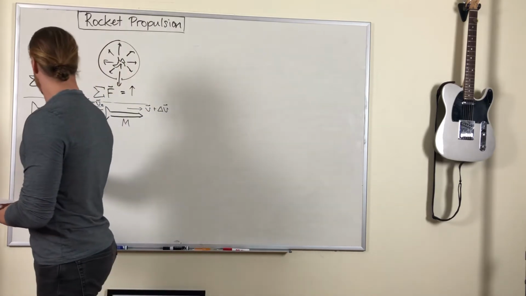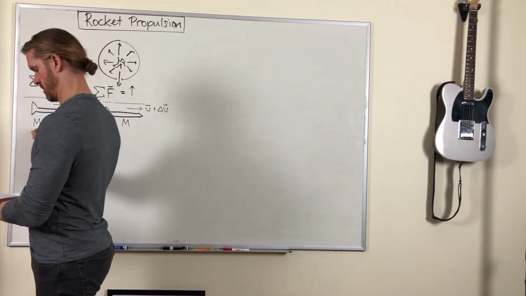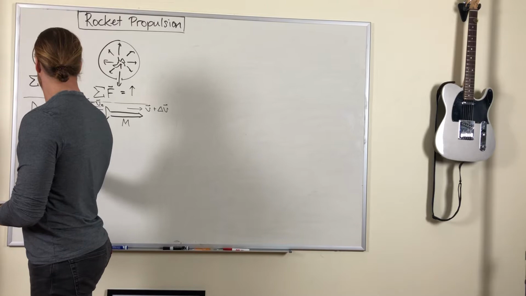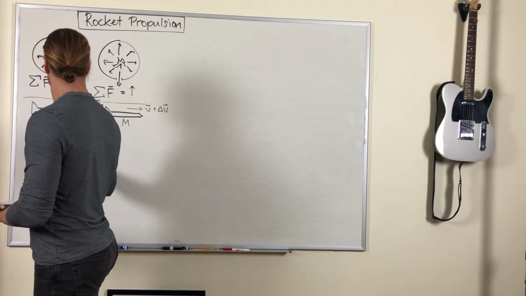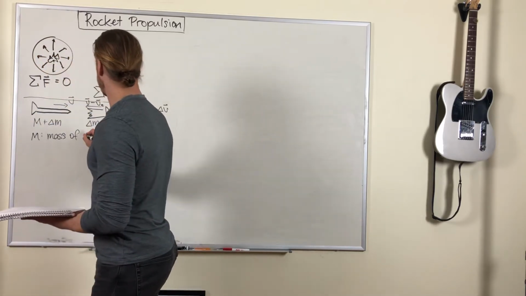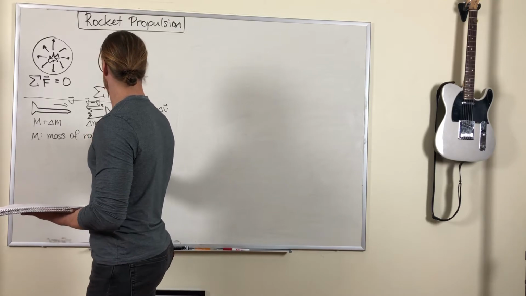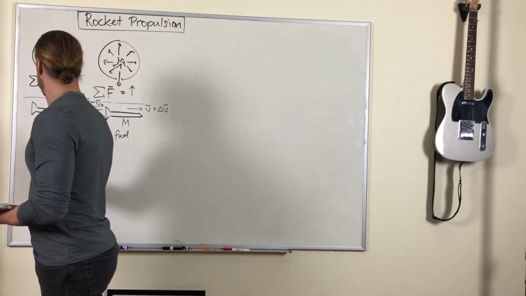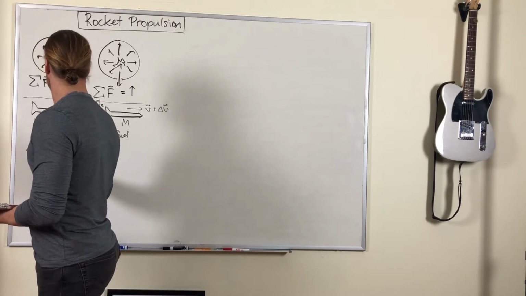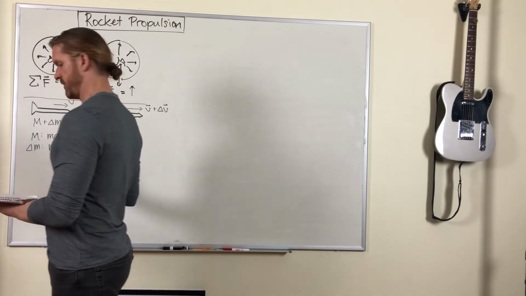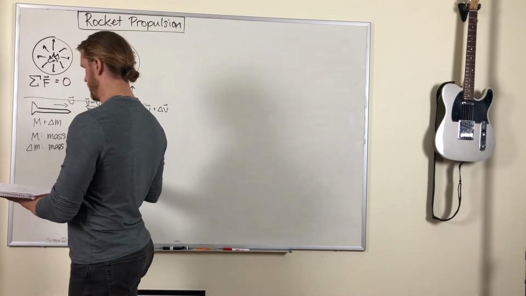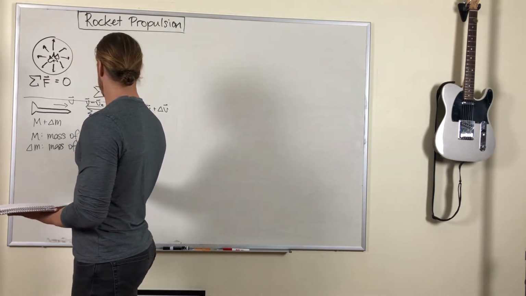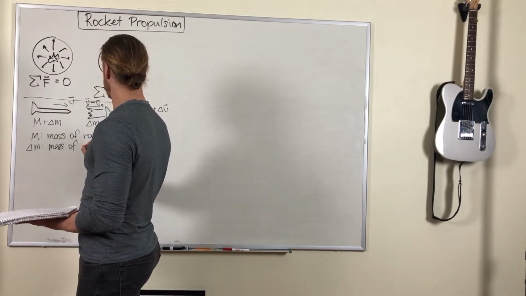Okay, so let me be clear about what these symbols mean. M is the mass of the rocket plus fuel. Delta M is the mass of the expelled gases, expelled fuel.